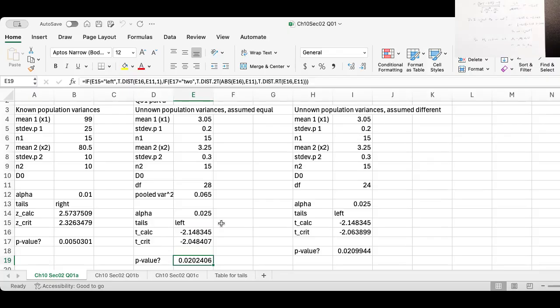Again, this is in our available spreadsheet. But notice there's a third column here. Third column says unknown population variances assumed different. This version made the assumption that the population variances sigma 1 and sigma 2 were equal. That's why we were allowed to pool the variance. That's not always true. I'll come back to that in a second.